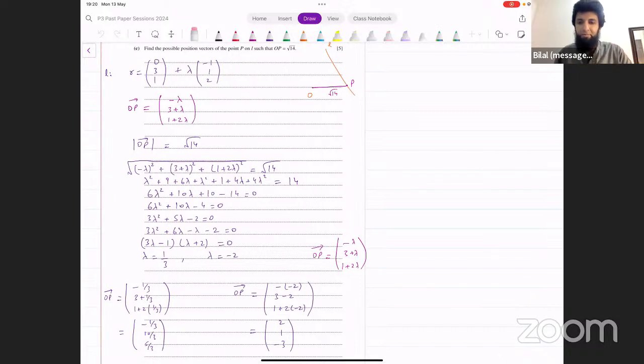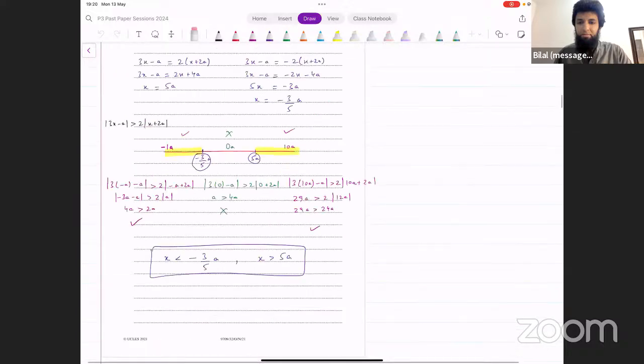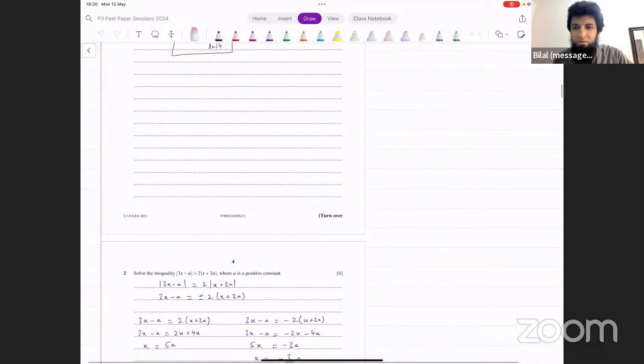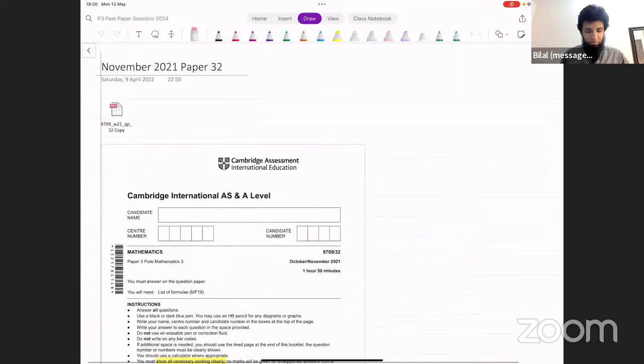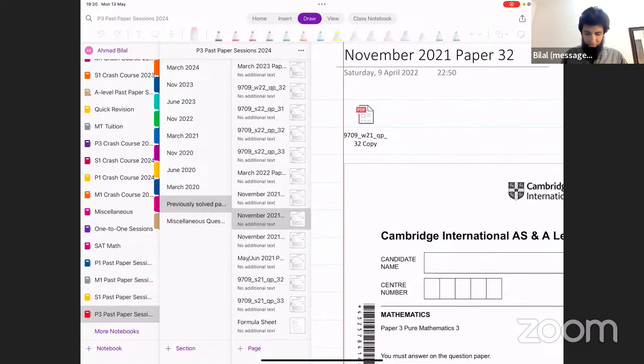Wrong paper? Okay, sorry about that. That was June 21, 3-2. Okay, sorry, that's October, November. June 21, 3-2.